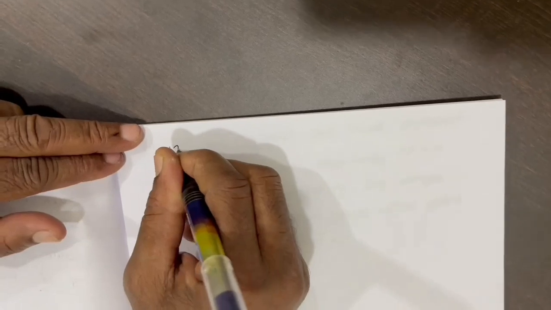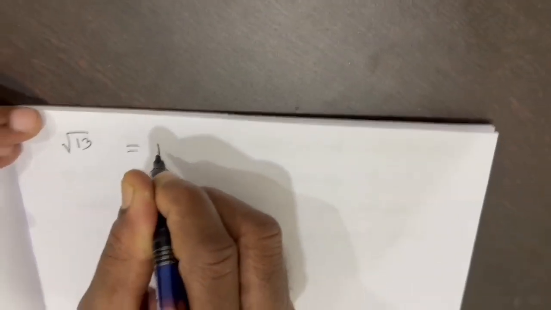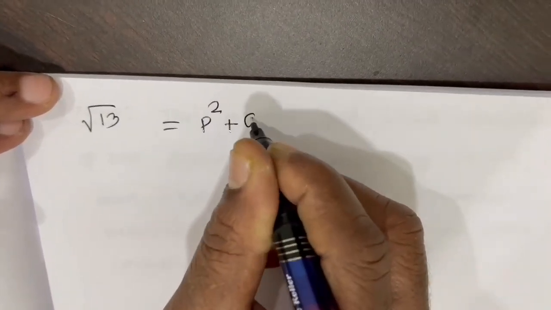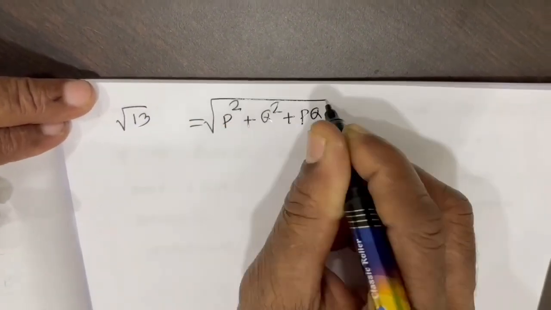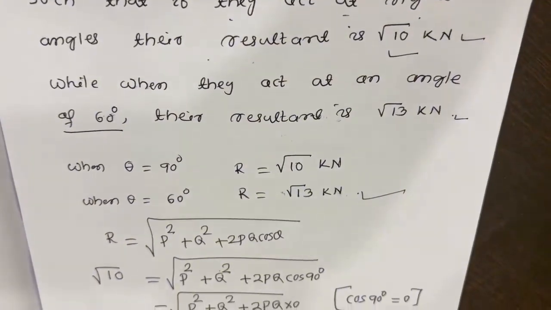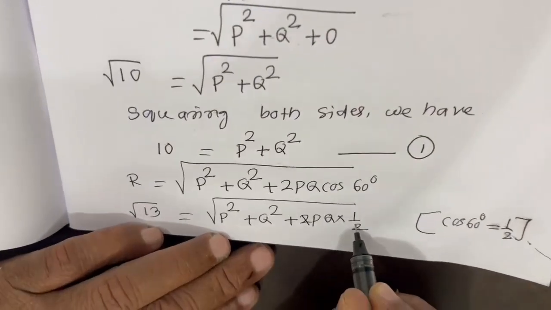Therefore, root 13 is equal to root over P square plus Q square plus PQ, because 2 cancels.